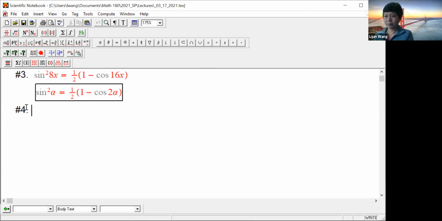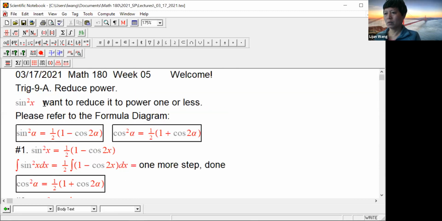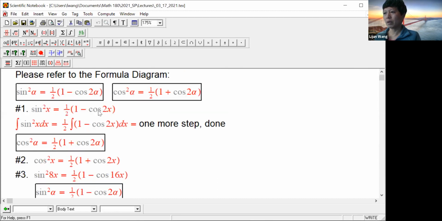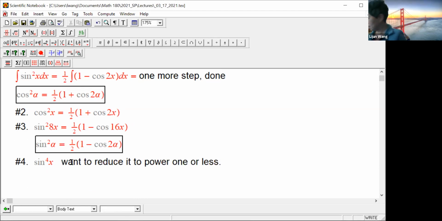Number 4. We have sine to the power 4 of x. We still want to reduce power to power 1 or less. How do we do that? This time, there's no ready-made formula for us.